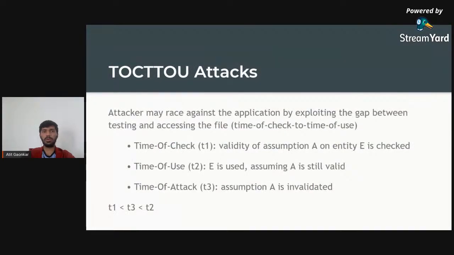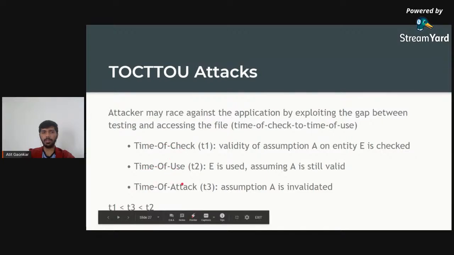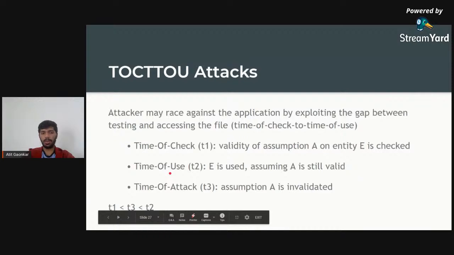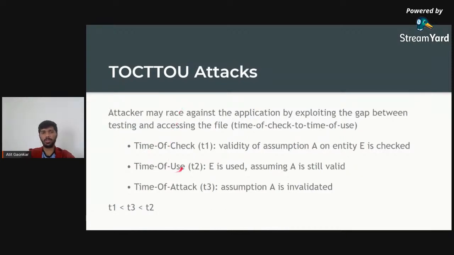The next is TOCTTOU attacks, which means time of check, time of use, and time of attack. Now, we will not be doing hands-on on this attack, but it is good to know how this attack works. So, what this attack does is it exploits the time that an application takes to test a file and then access a file.